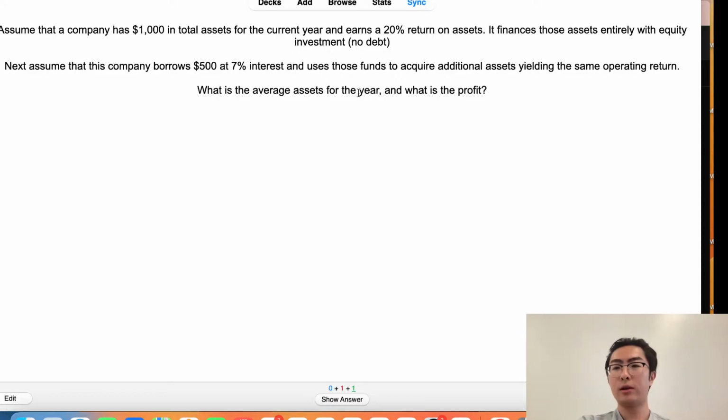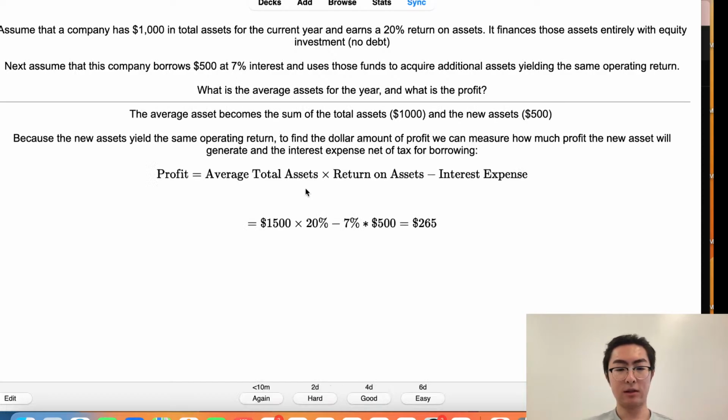You add that to your net operating return, that's 26.5%. So 26.5% multiplied by $1,000 is $265. We use the same process of the advanced DuPont here, but in the answer to this, I ended up combining these two and then factoring in the interest.